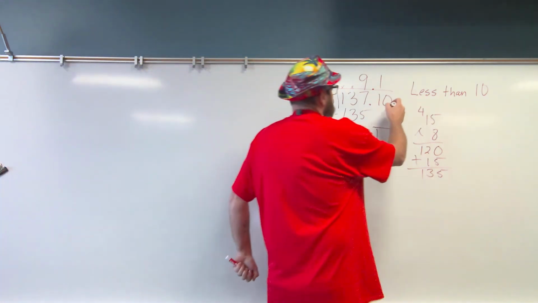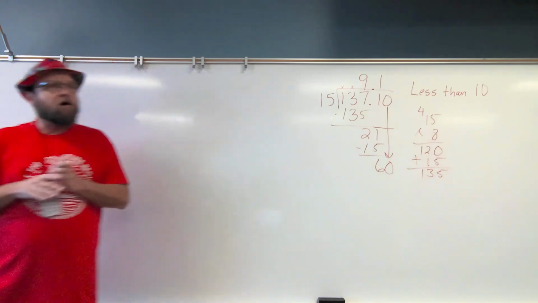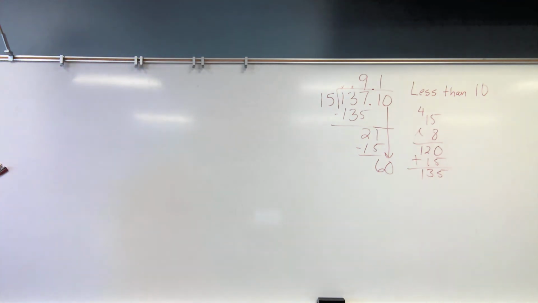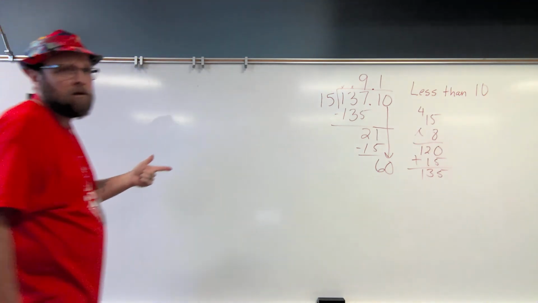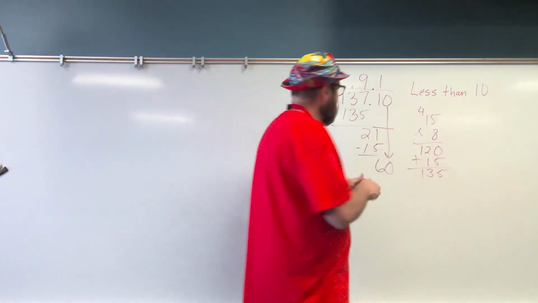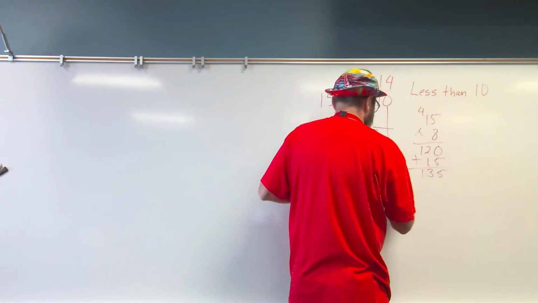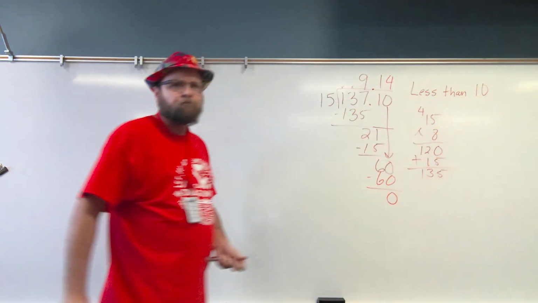Now I bring down the 0. And since I know 15 times 2 is 30, that must mean 15 times 4 is 60. So then it's going to be 4, it's going to be 60. I'm going to subtract and get 0.